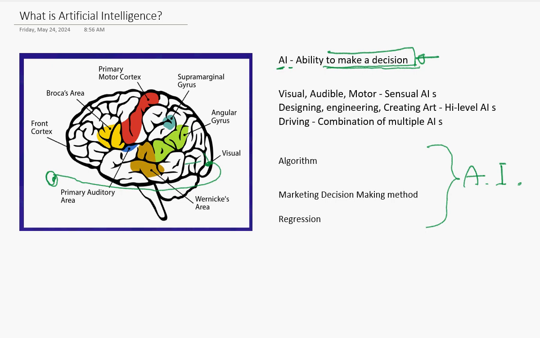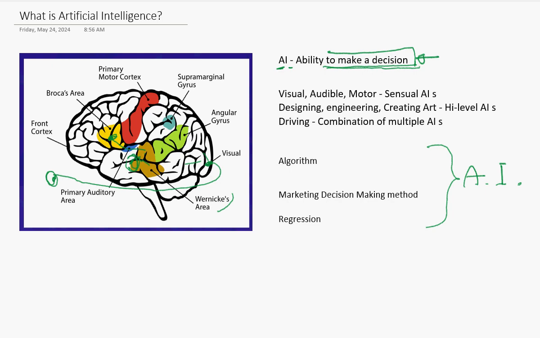Now, on the left side of the brain, you have an ear. The ear sounds connected to this Wernicke's area and go to Broca's area. And Broca's area is a language area, and it interprets the language, okay?